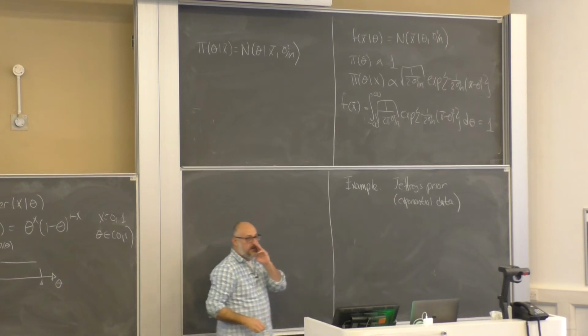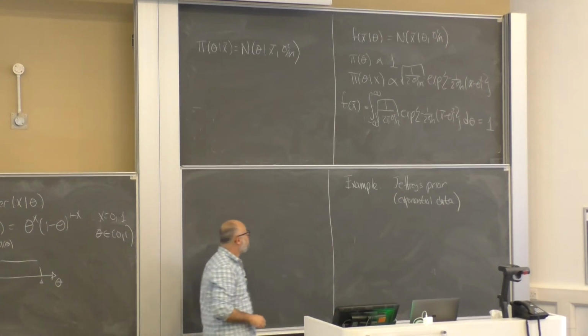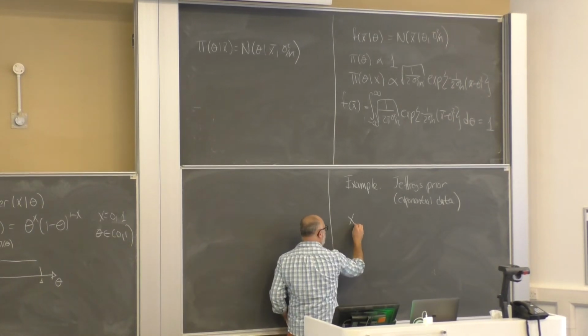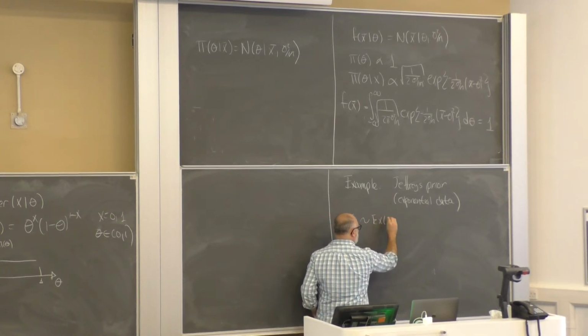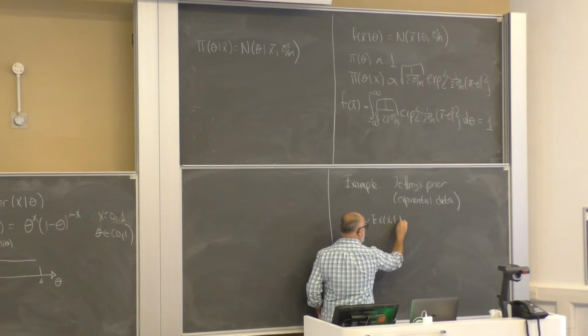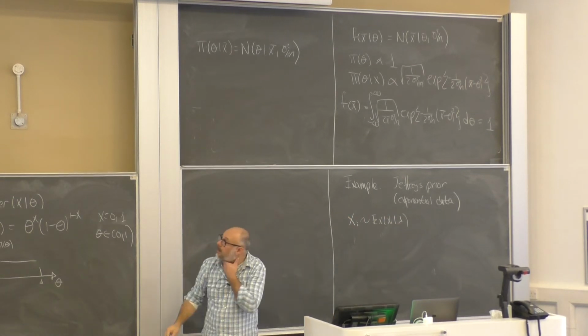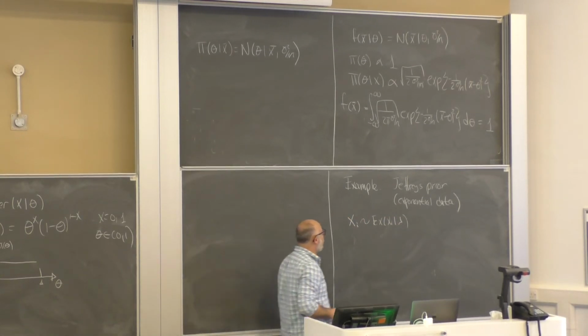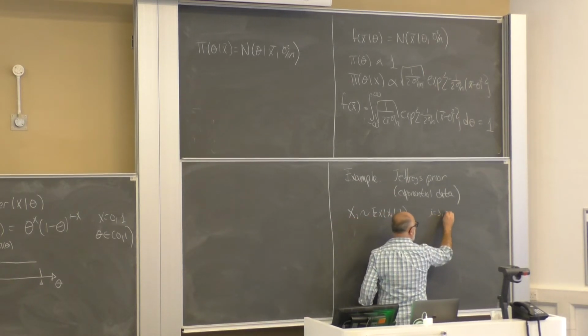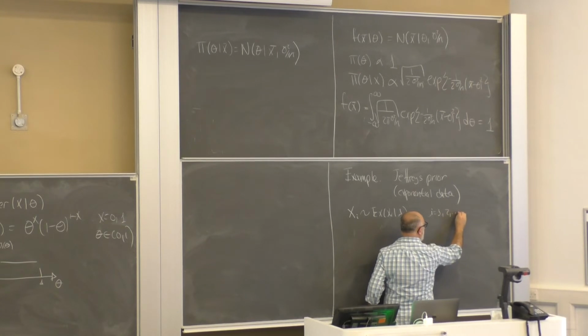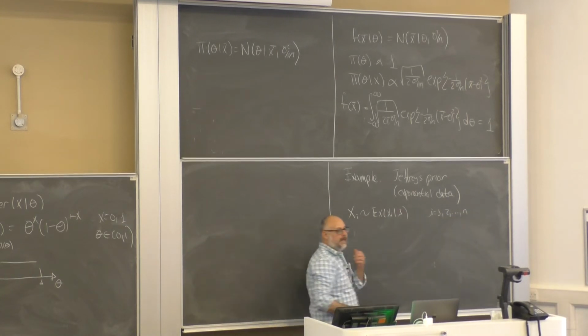Jeffreys prior for exponential data. Okay? We have x_i from an exponential distribution with parameter lambda, I believe we use here. Yep. Okay. And we have a random sample of size n.